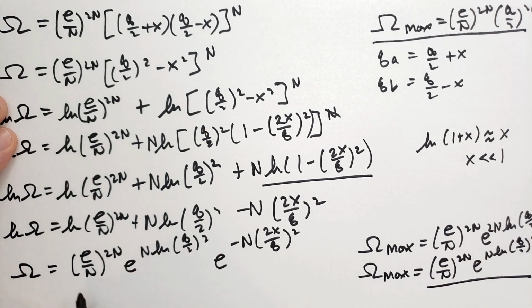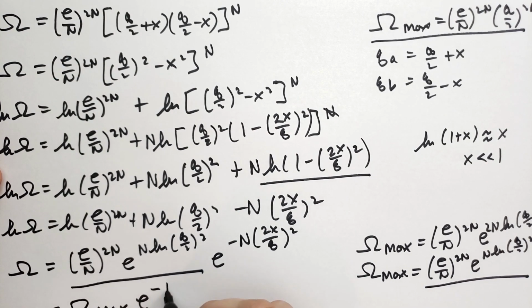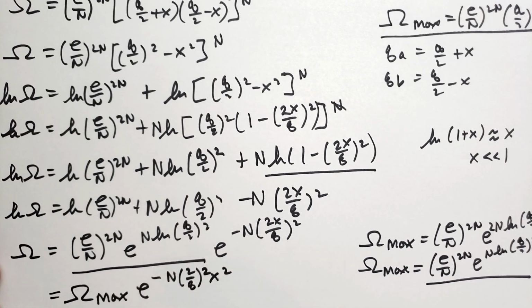So this part and this part look the same. We'll write this as omega max times e to the minus n times (2/Q)^2 times x squared. And this function here is a Gaussian.